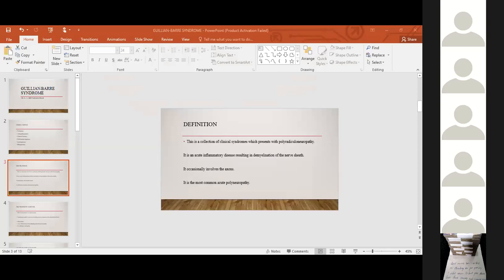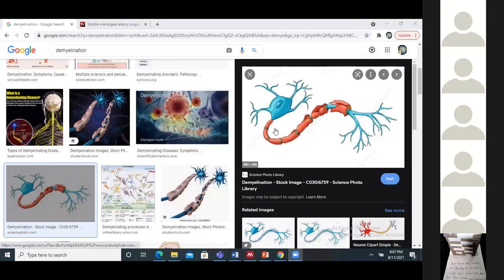You can see from this image that I'm sharing here, this is like a nerve, where you have the axon, the cell body and whatnot. Around it is a myelin sheath, which allows for impulse transmission.